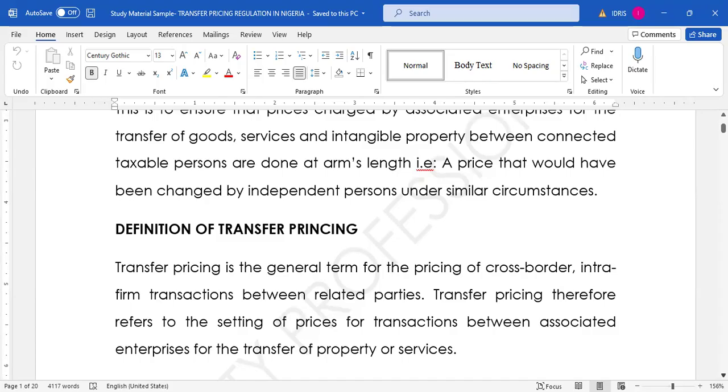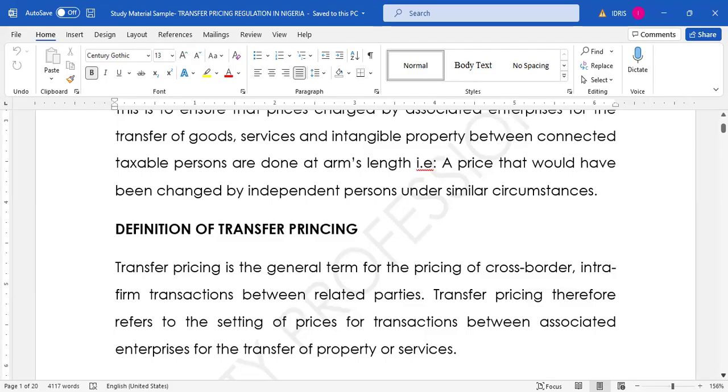Do you understand? Why do we need to regulate transfer pricing? Most companies, especially multinational companies, have been using transfer pricing for base erosion and profit shifting. They have been using it to shift profit from one country to another in order to reduce their tax liability.